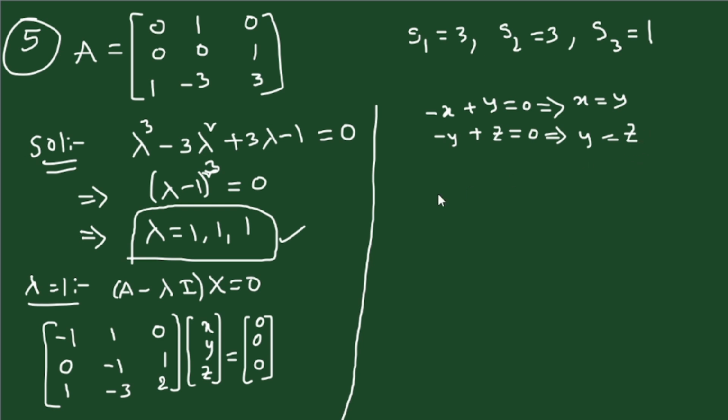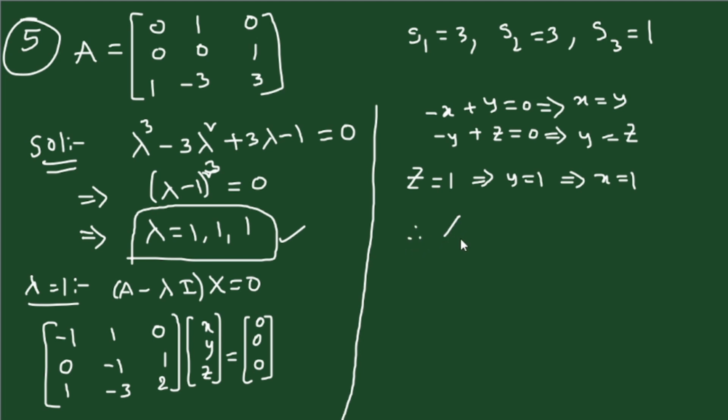If you choose z equal to 1, what happens? We get y equal to 1 and x equal to 1. So we have chosen only one value, z, and we have got values for x and y.